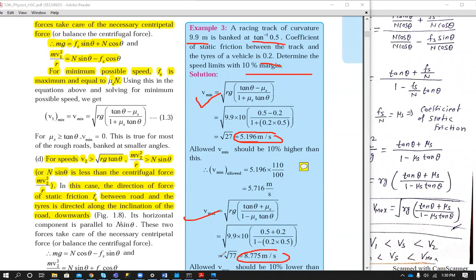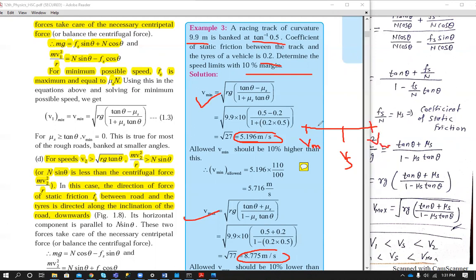not out of this. So consider this is your number line, this is your V safety speed, this is your V minimum, and this is your V maximum.